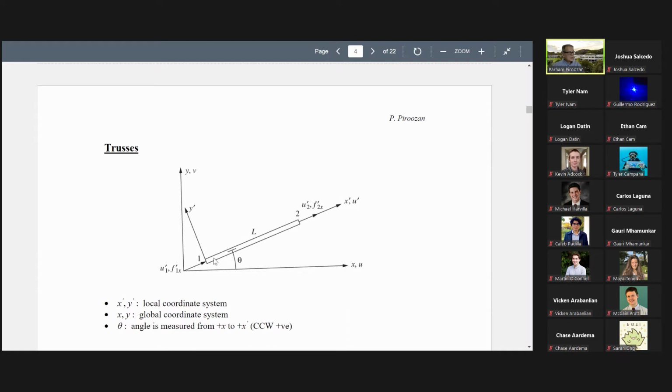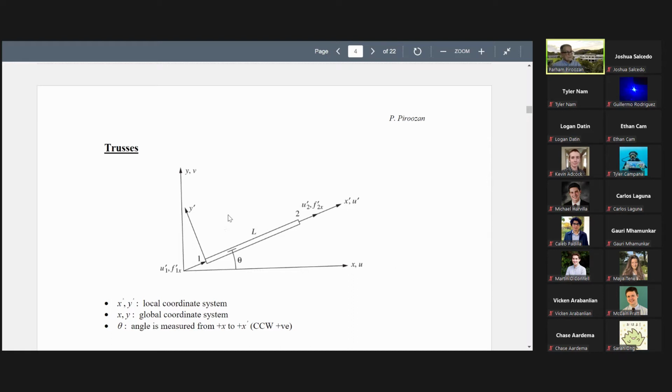This is called the local coordinate system, x prime, y prime. The other coordinate system is fixed to the ground, xy; it is not changing. We call x prime, y prime the local coordinate system, and x, y the global coordinate system.